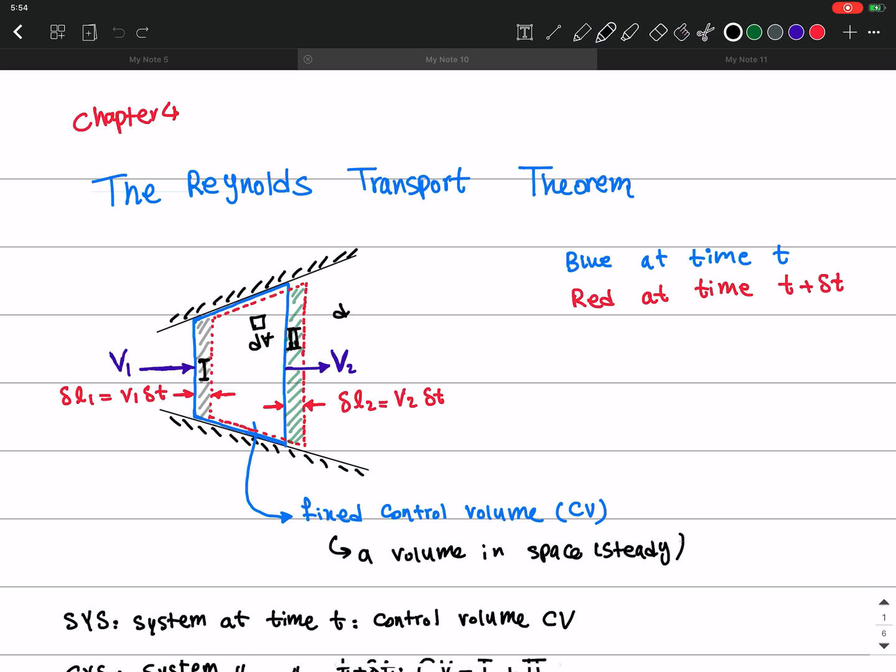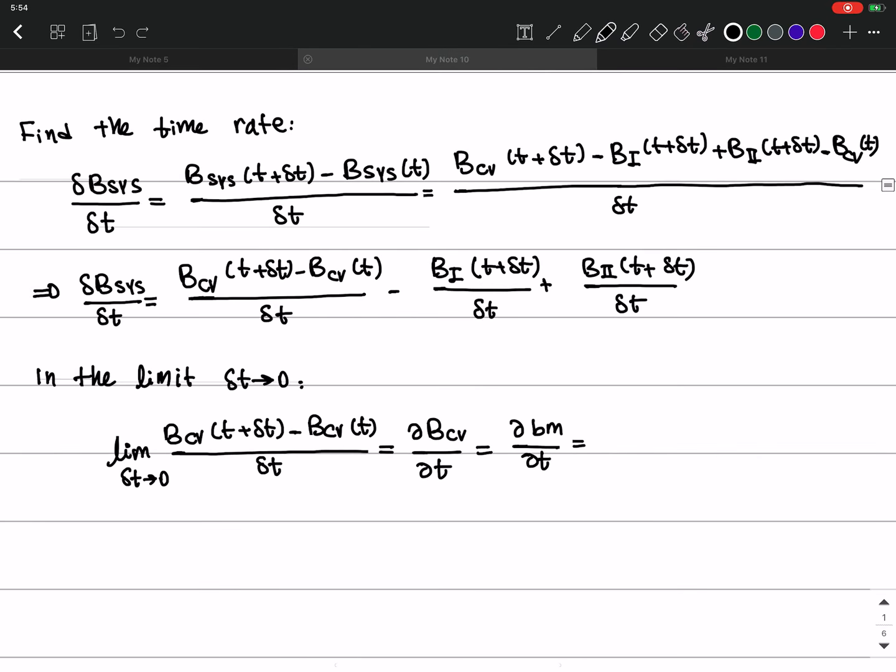So let me show it again, or another way to say that. Say this whole B is composed of very small elements like this, which we call dm, and then I'm going to take the integral over the whole CV. The integral is just a sum of all the small elements, dm over dt.